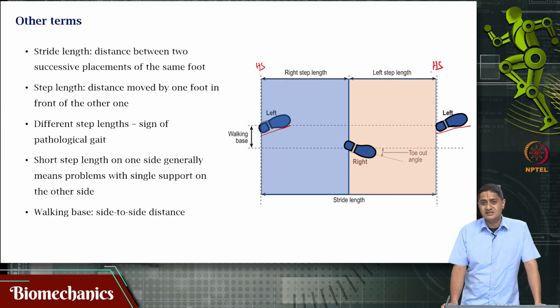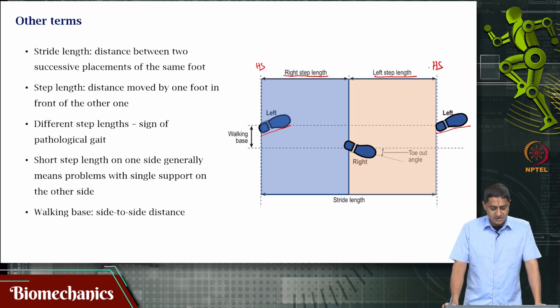Between this, the total distance that is crossed is called as stride length. Okay. Of course, some part of this would be crossed by the right leg step, and some part of it would be crossed by the left leg step. Okay.